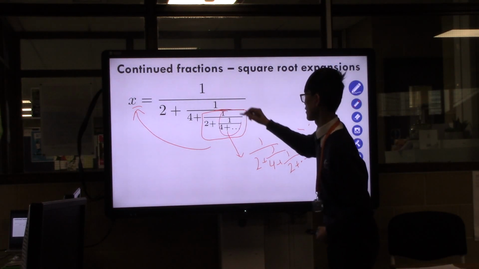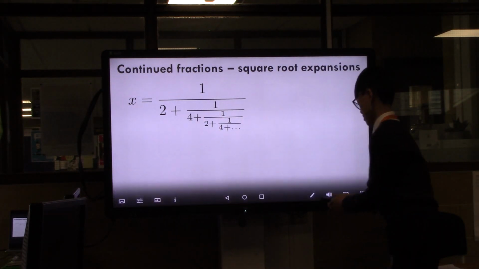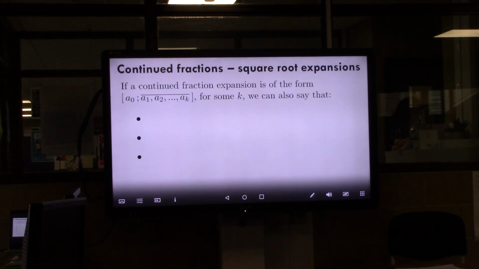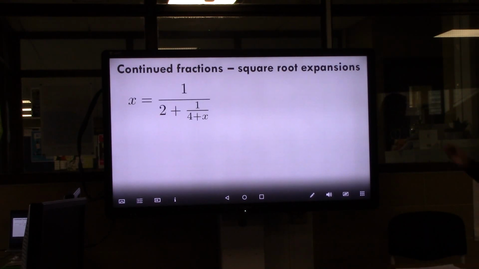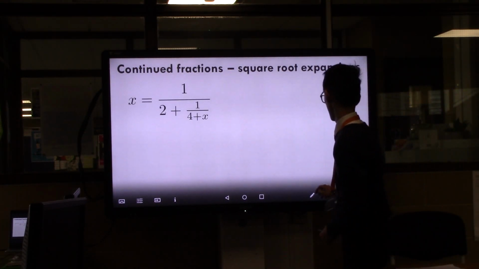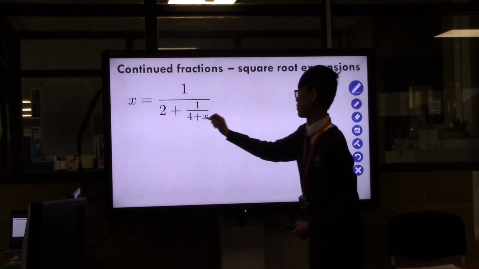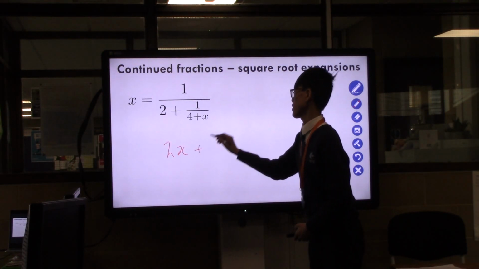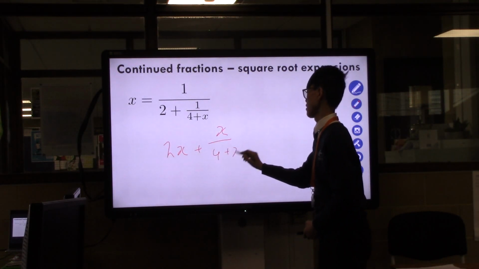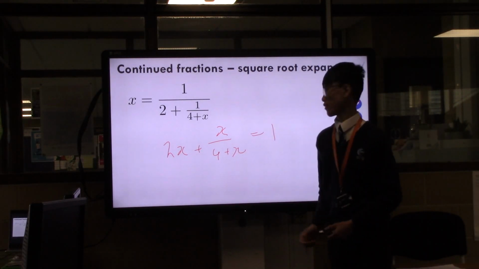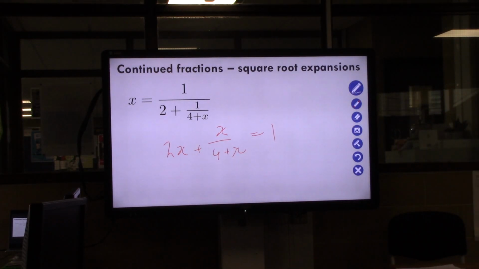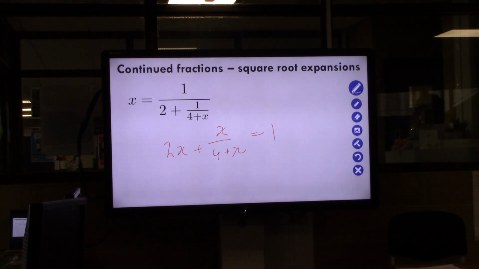So we can replace this part here with x, and then we can solve this now to find what x is. So multiplying both sides by the denominator, we get 2x plus x over 4 plus x is equal to 1, and expanding and multiplying both sides by 4 plus x, you can see that this will result in a quadratic, and that's where we get the irrational square roots from.